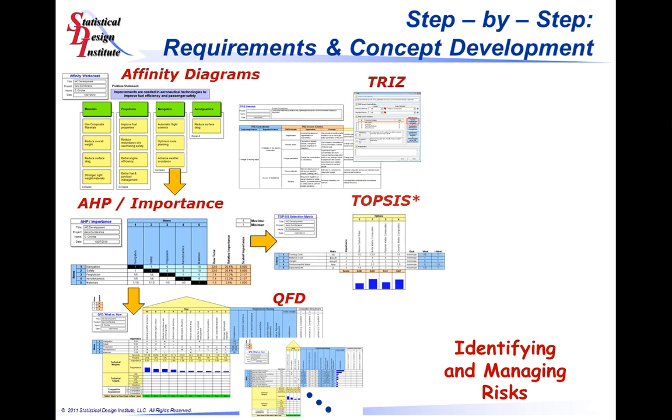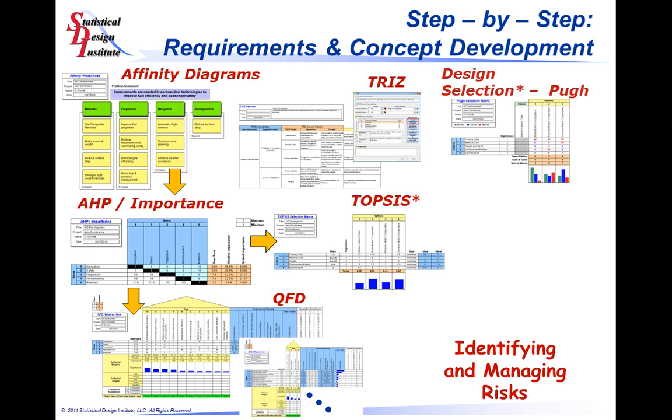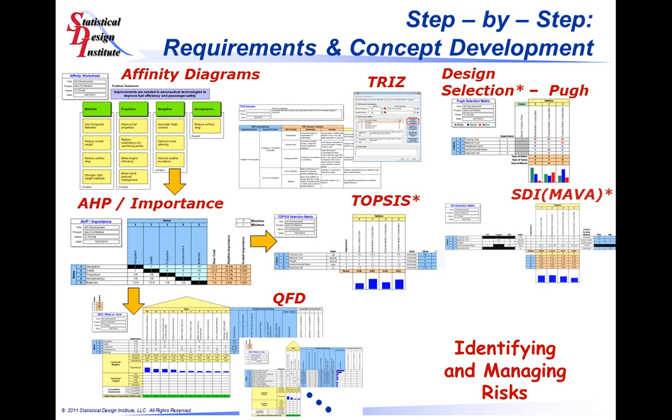Once various alternatives are identified, the next step is to determine which alternative is the best solution. So from the AHP tool, which can be used to prioritize various criteria that would be used as part of your design selection or alternative selection, that information can be transferred directly into any one of the three design selection tools.